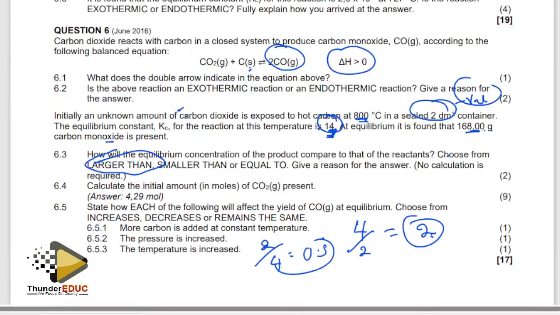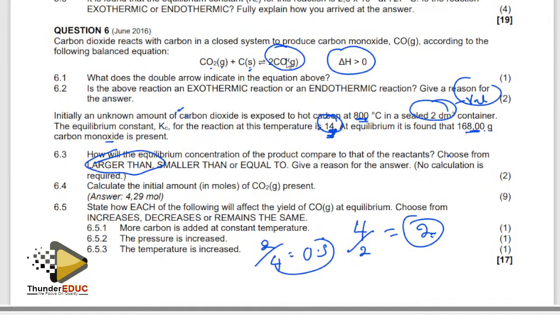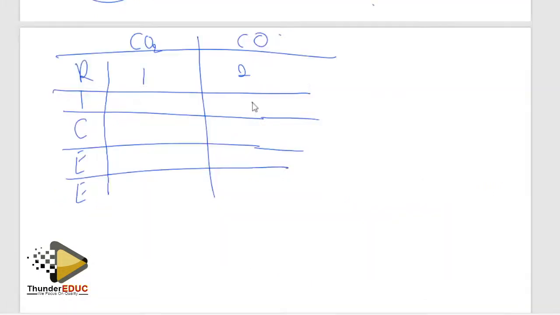Then we go to the mole ratio. Carbon dioxide is 1, and carbon monoxide is 2. So now we are covered with that. Then we go to the initial moles. Remember, since carbon monoxide is a product, its initial is going to be 0.